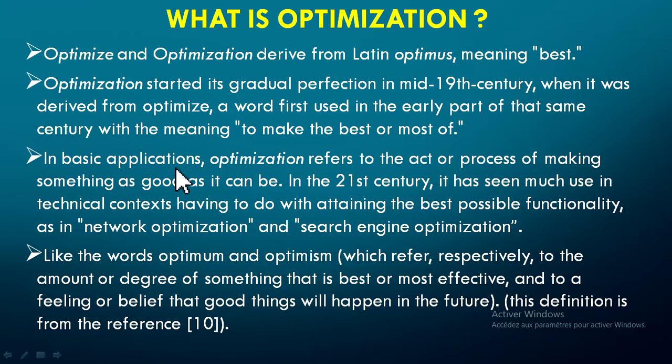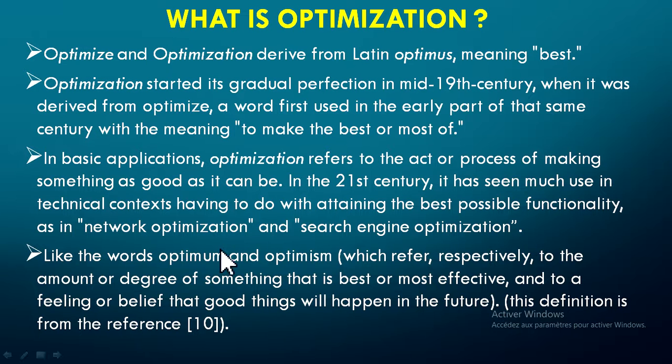In basic application, optimization refers to the act or process of making something as good as it can be. In the 21st century, it has seen much use in technical contexts having to do with attaining the best possible functionality, as in network optimization and search engine optimization.